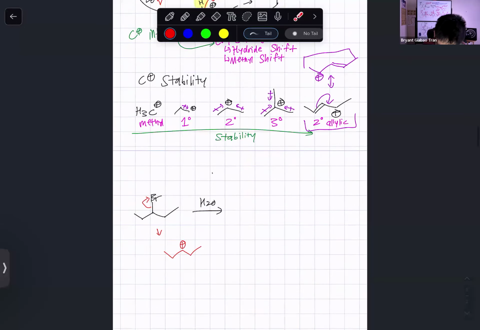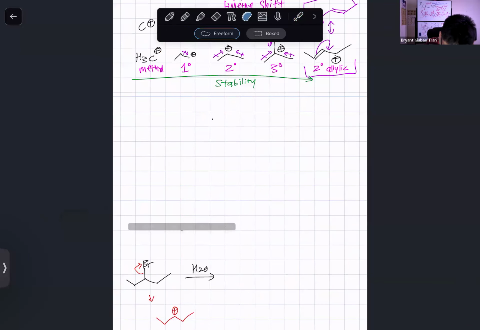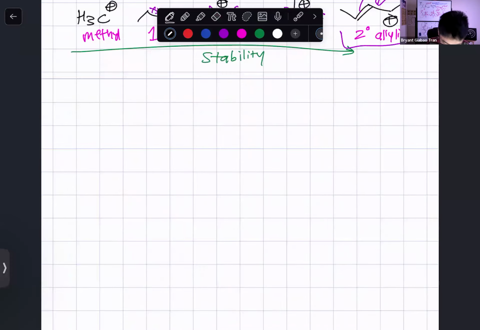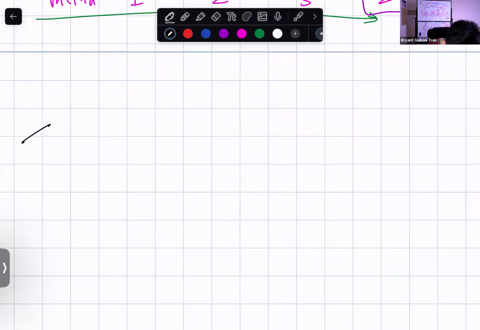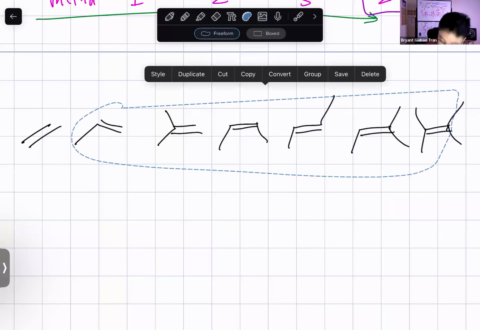Okay, have you guys learned about alkene stability yet? Let's say we have these different alkenes here.